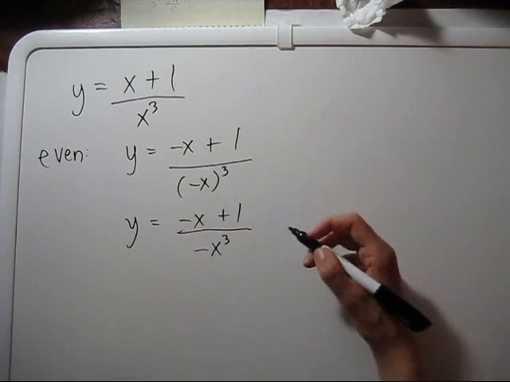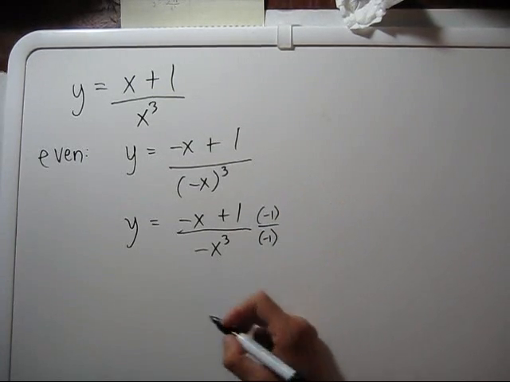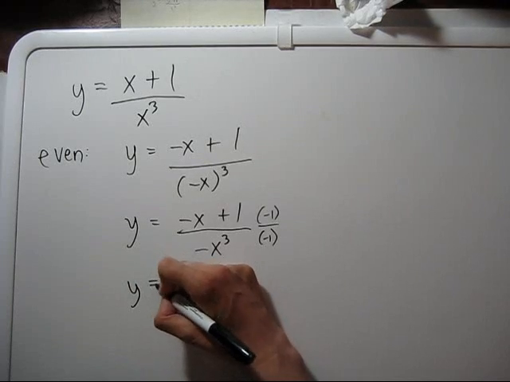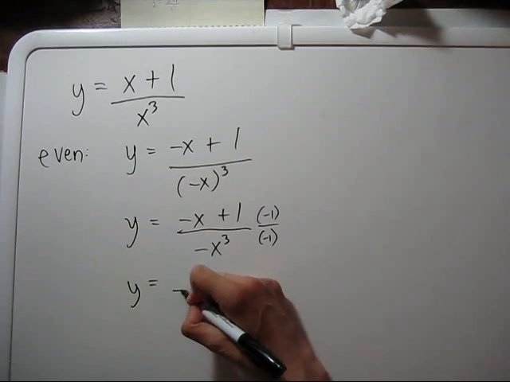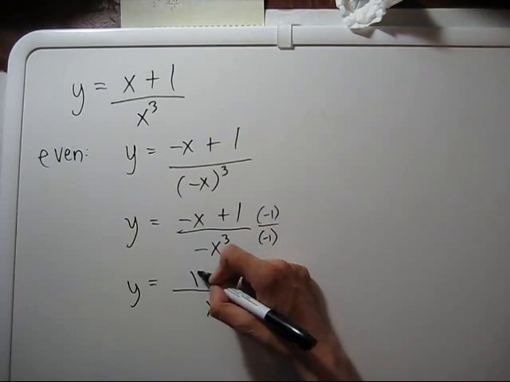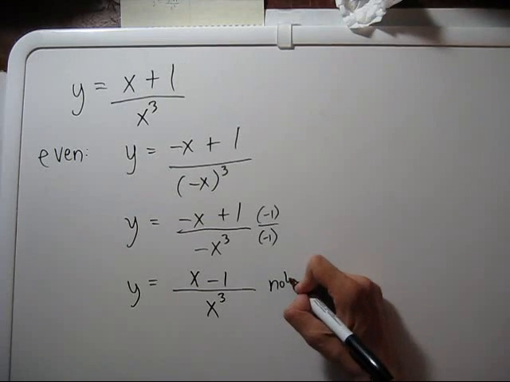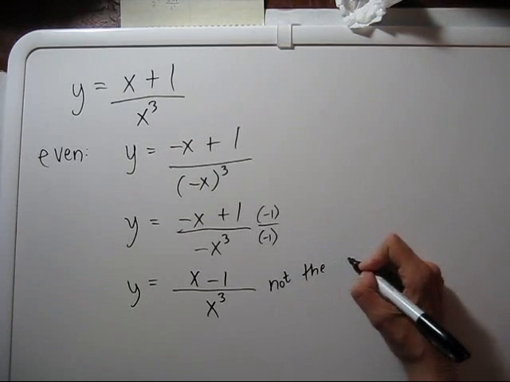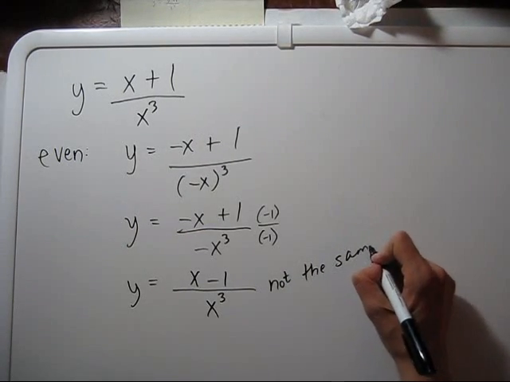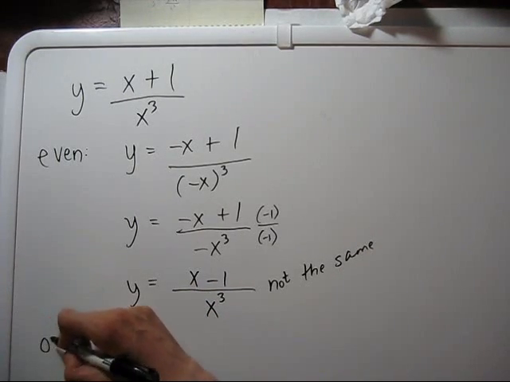Well, we might want to multiply the numerator and denominator both by negative 1 to get an x cubed in the denominator, so we can better compare. So this will be an x minus 1, and they're not the same because of this minus.